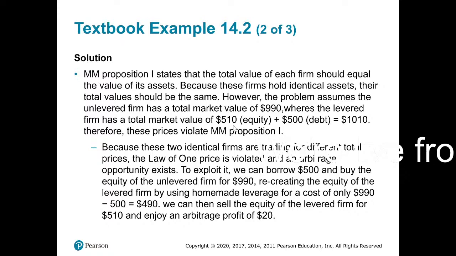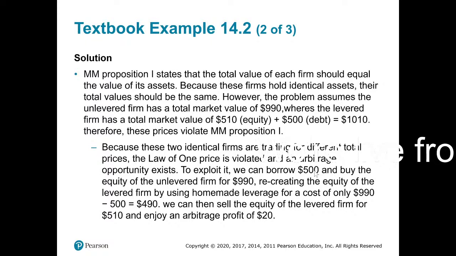You see that. So total market value of 990, whereas the leveraged firm has a market value of this much. So the price violates the proposition, and then we can use homemade leverage to make a profit.